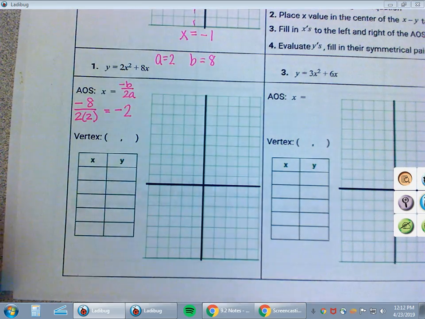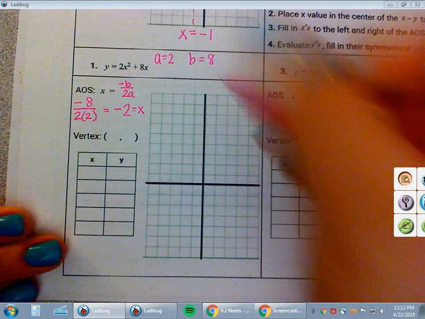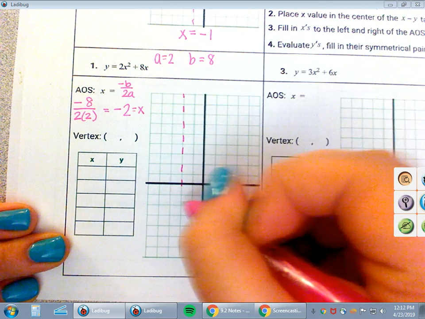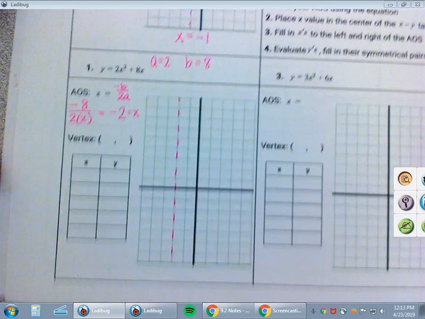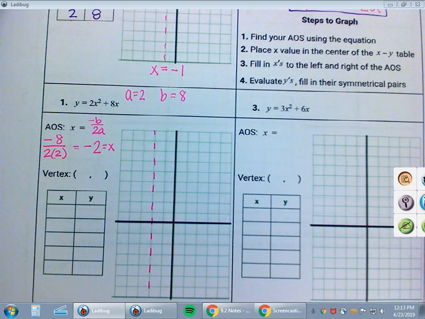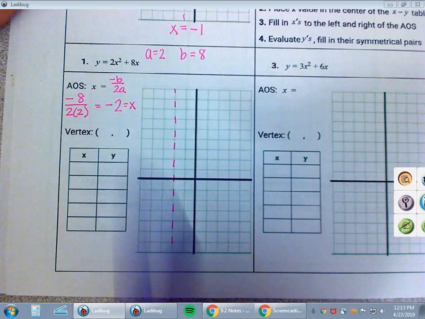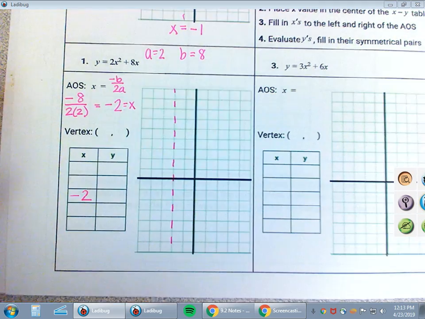So our axis of symmetry is at x equals -2. So I can plot that right now. And okay, so that's where we're at. We've done number 1. Place the x value in the center of the xy table. So we said x equals -2. That's going to go in the center of our xy table, the middle spot.